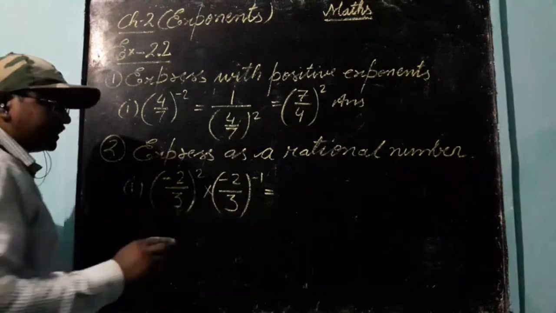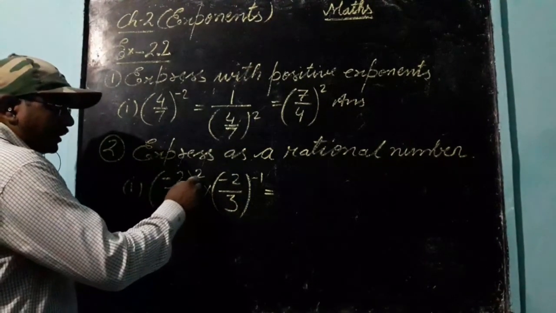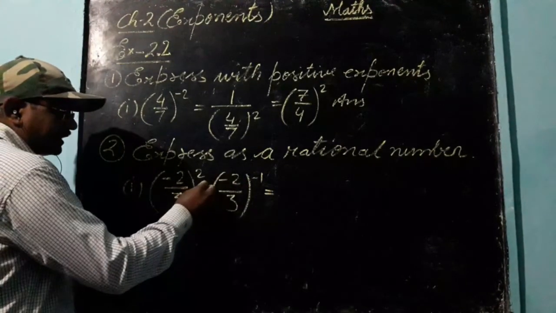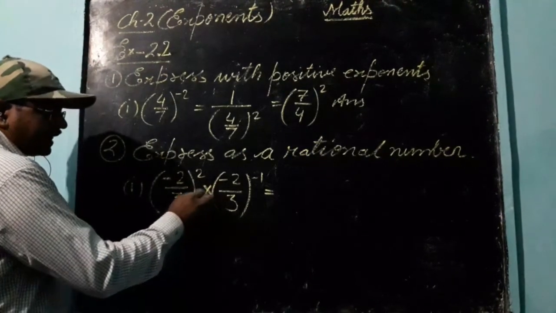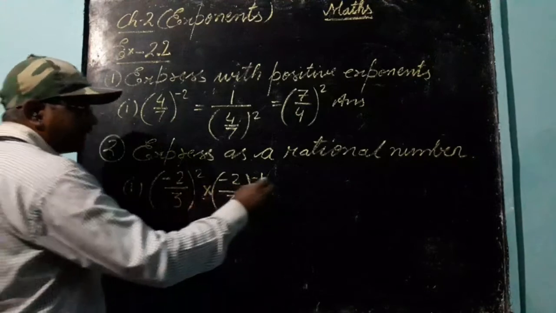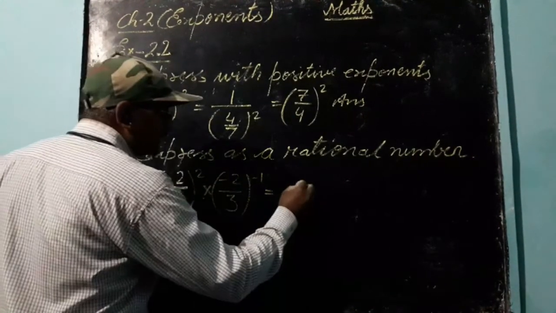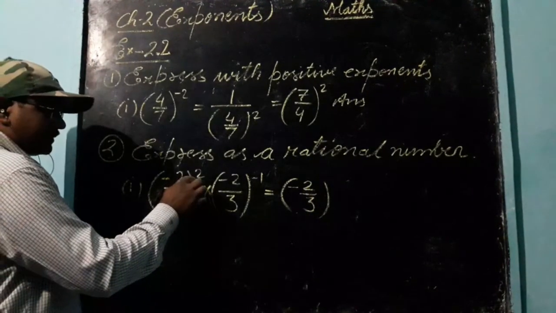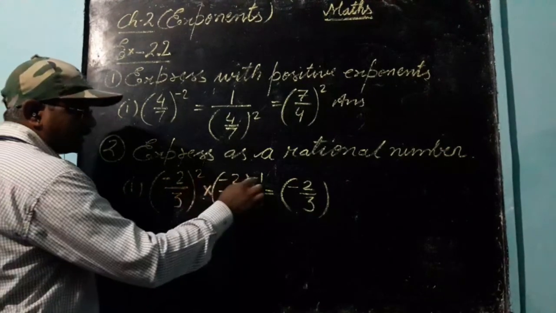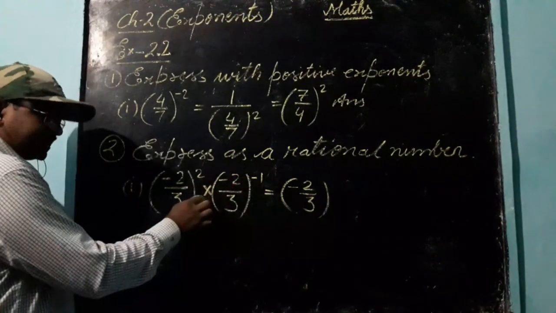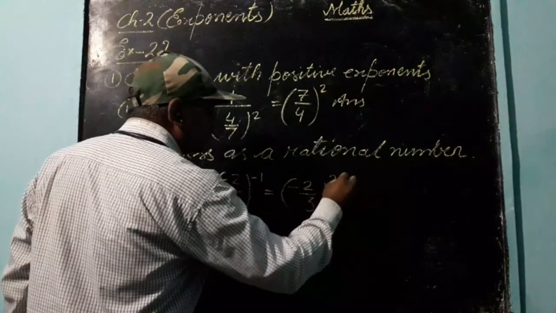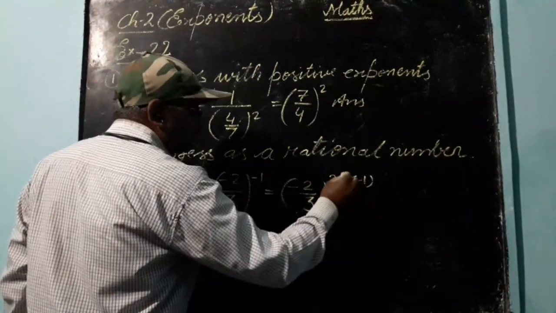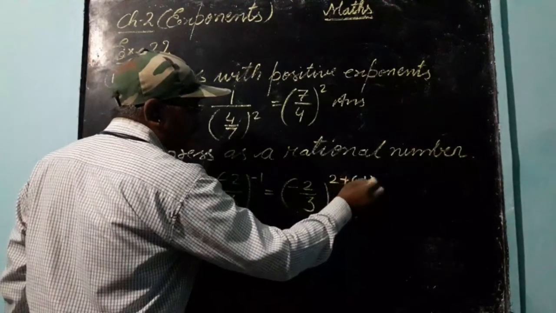So in this way, if the bases are the same, then the powers will add due to multiplication. These powers add if it is multiplication. So we will write the base one time, -2 upon 3 to power, now we will write the power 2 plus, in brackets, -1, because it is multiplication. So here you will write 2 plus, in brackets, -1.